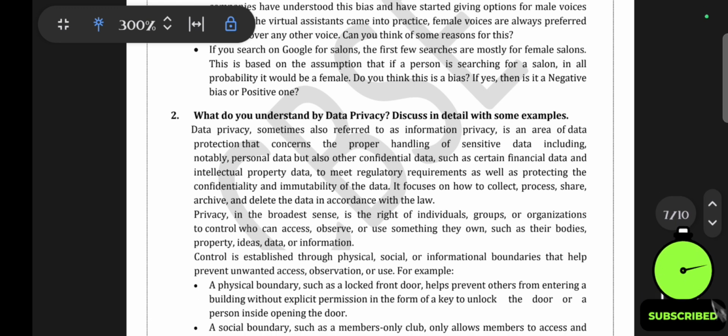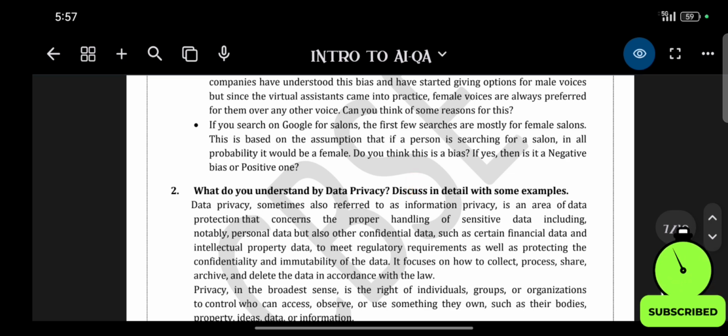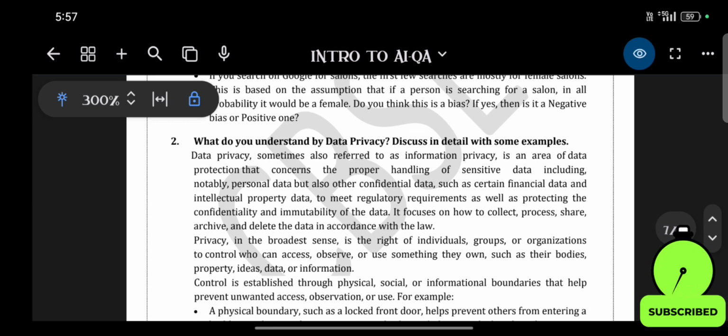Data privacy, sometimes also referred to as information privacy, is an area of data protection that concerns the proper handling of sensitive data, including notably personal data, but also other confidential data, such as certain financial data and some intellectual property data, to meet regulatory requirements as well as protecting the confidentiality and immutability of data.